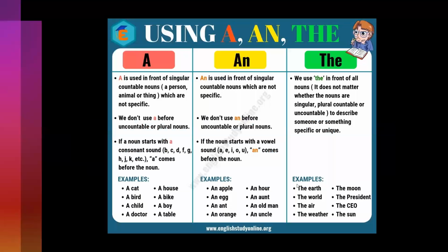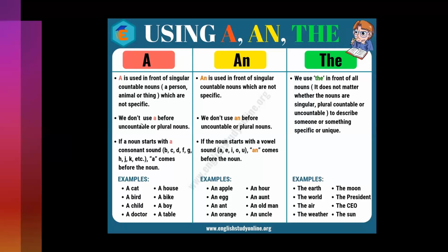Well, the nouns are almost always preceded by an article. The article could be a or an if, for example, we are talking about singular countable nouns.